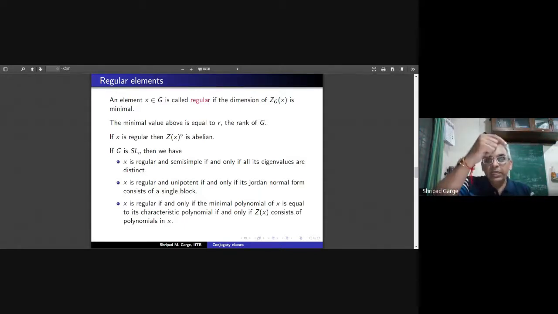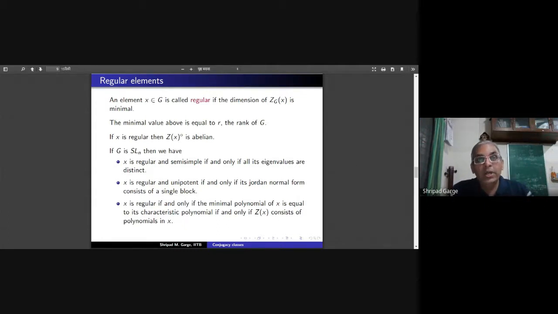If there is any repetition of an eigenvalue, then you get a whole GLN block, and then you get products of GLN blocks, and the dimension of this centralizer is not equal to the dimension of the maximal torus.